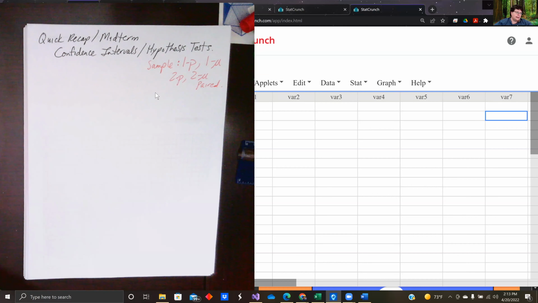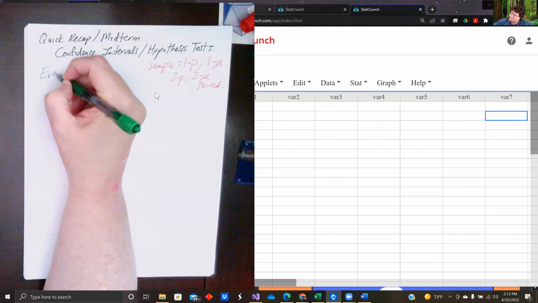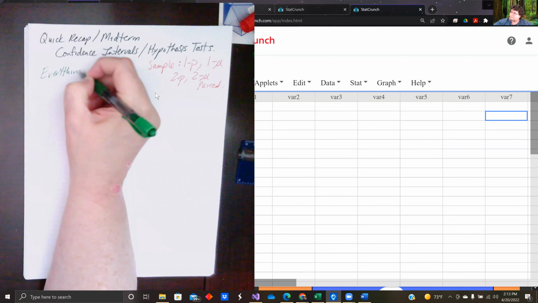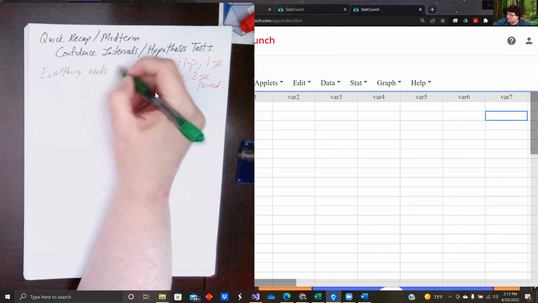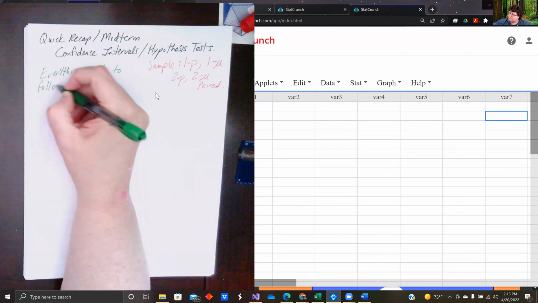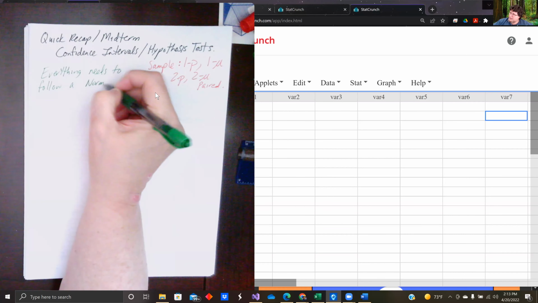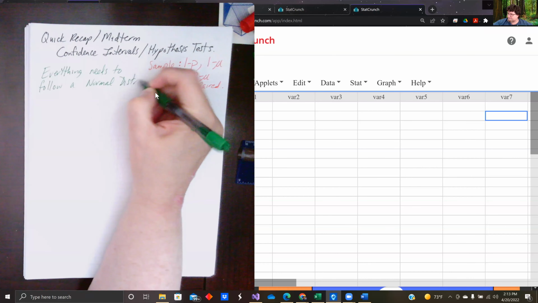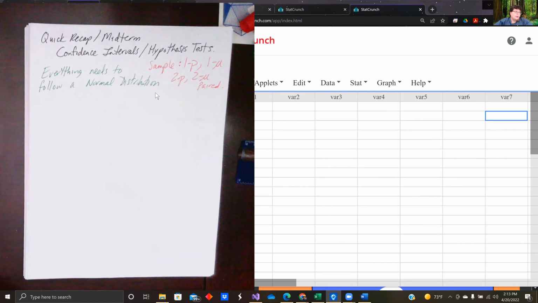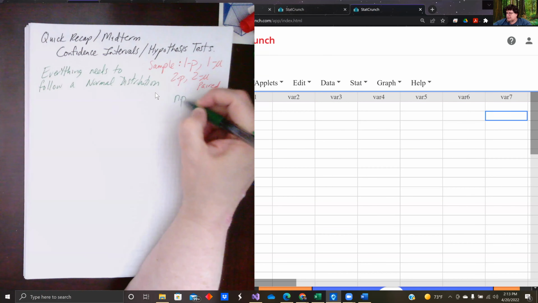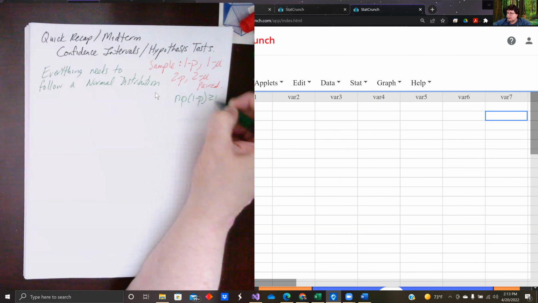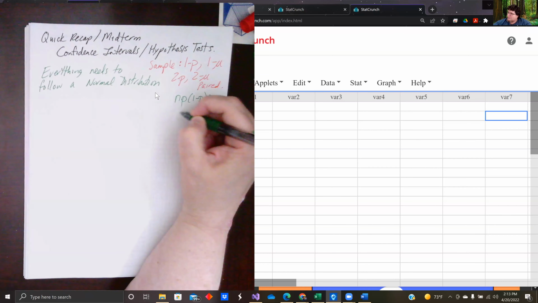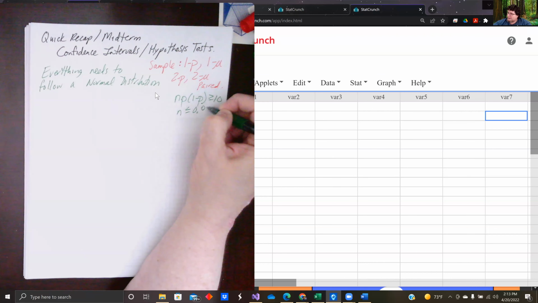But in our recap, what we want with our sample groups is for everything to follow a normal distribution. And oftentimes we don't know if it does or not. So for tests like proportion, we would do n times p times 1 minus p, and we wanted that greater than or equal to 10, and we wanted n to be less than 5% of the population.